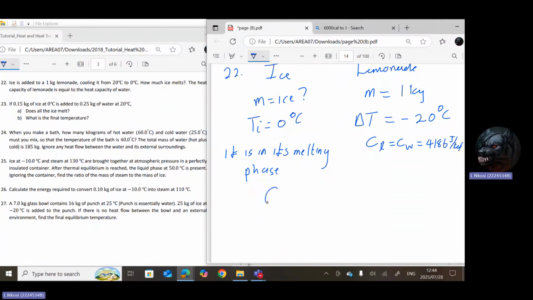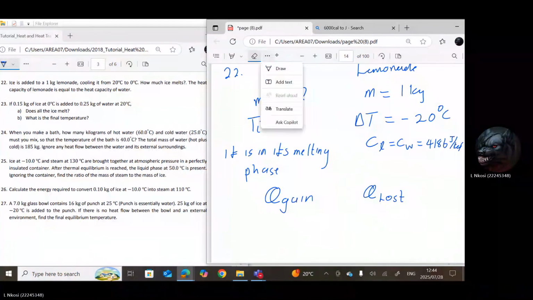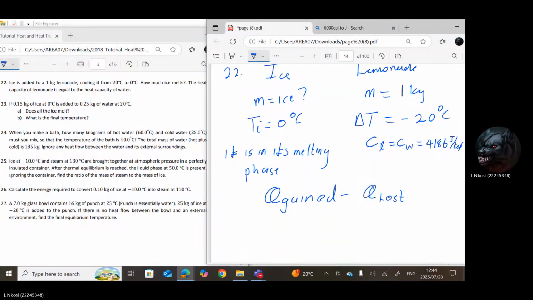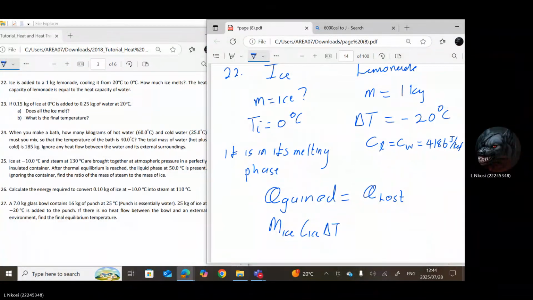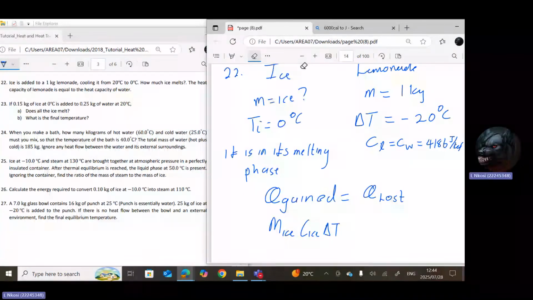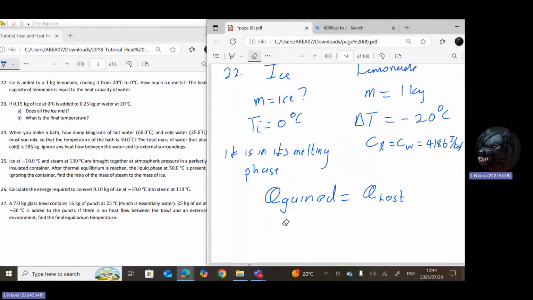So we will say the heat gained by the ice is equal to the heat lost by the lemonade. The heat gained by the ice is the mass of the ice, C for ice, change in T. No, the ice is not changing temperature, it's changing phase.